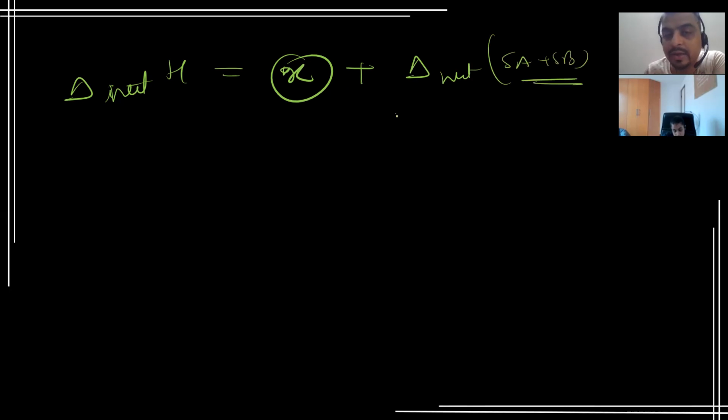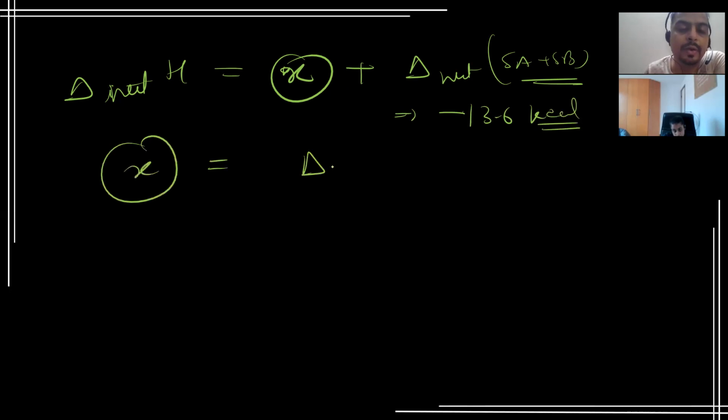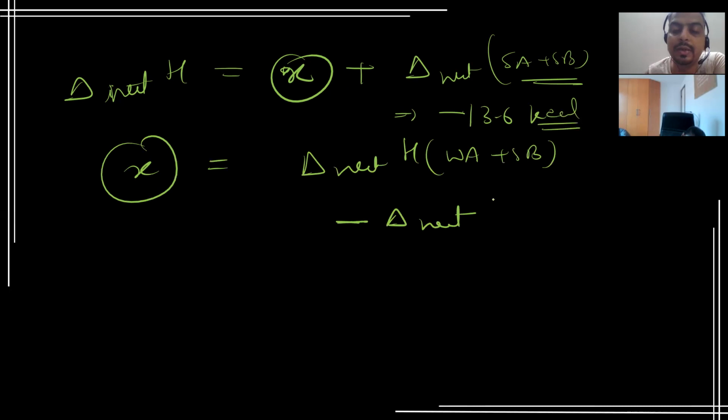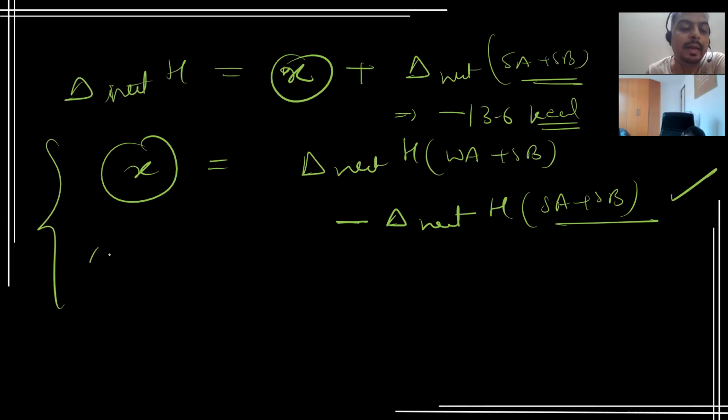That value is already given to you, minus 13.6 kilocalories per mole. So you can get the X value as delta neutralization H of weak acid and strong base, minus delta neutralization H of strong acid and strong base. That is the formula to calculate the enthalpy of ionization.